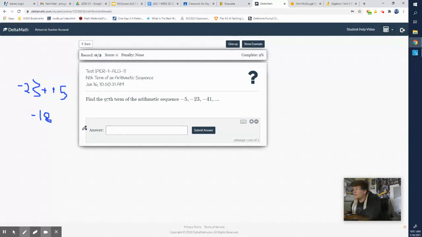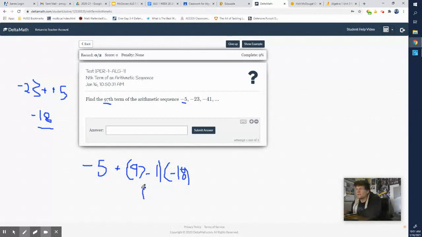So now we can plug that into our formula using A1, using our common difference, and using the n value. I have A1 plus the n value minus 1 times my common difference of negative 18.